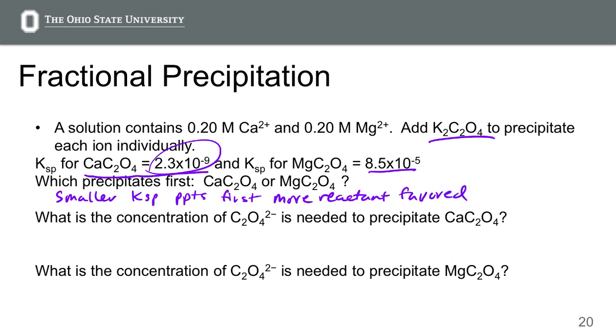And if it's more reactant favored, that means it forms precipitate because that's the solid. More solid present. So in this example, calcium oxalate will precipitate first.